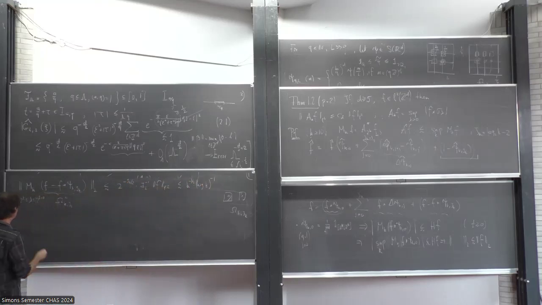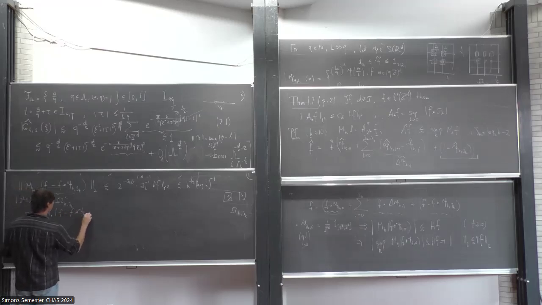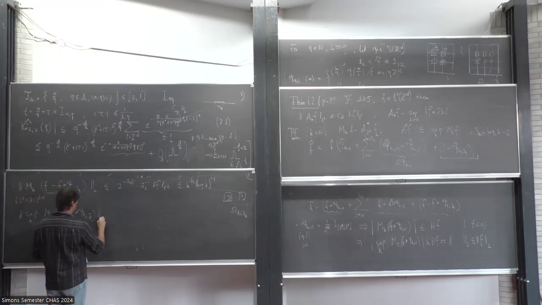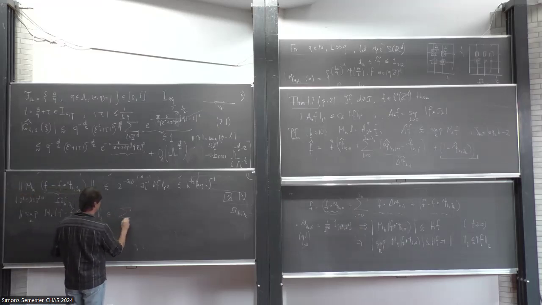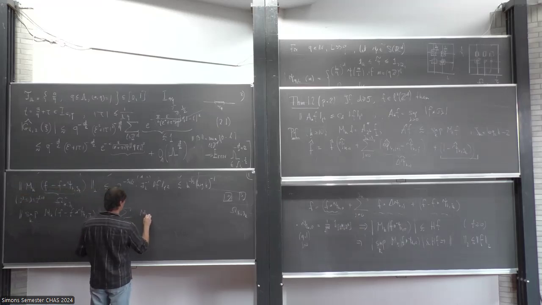Now then for the sup, of course, you can use a square function estimate. So if you take the sup in k of m k applied to f minus f star psi k jk, the L2 norm, as usual, is bounded by the sum in k of m k applied to the function.